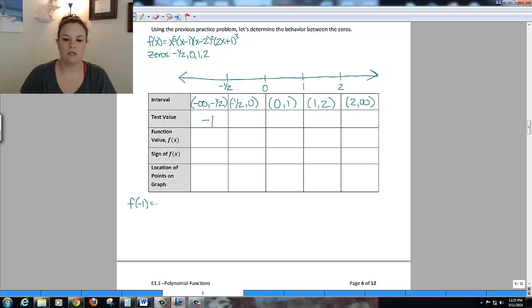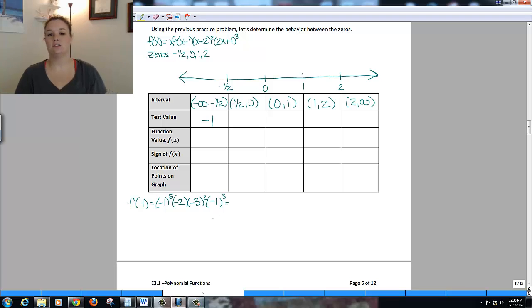f(-1) is equal to, I have x to the fifth, so (-1)^5, times, now notice my next quantity is x - 1. So if I do -1 - 1, I get -2. If I plug -1 into this next quantity, -1 - 2 gives me (-3)^2. And then if I plug -1 into this last quantity, 2 times -1 is -2, plus 1 is (-1)^3.